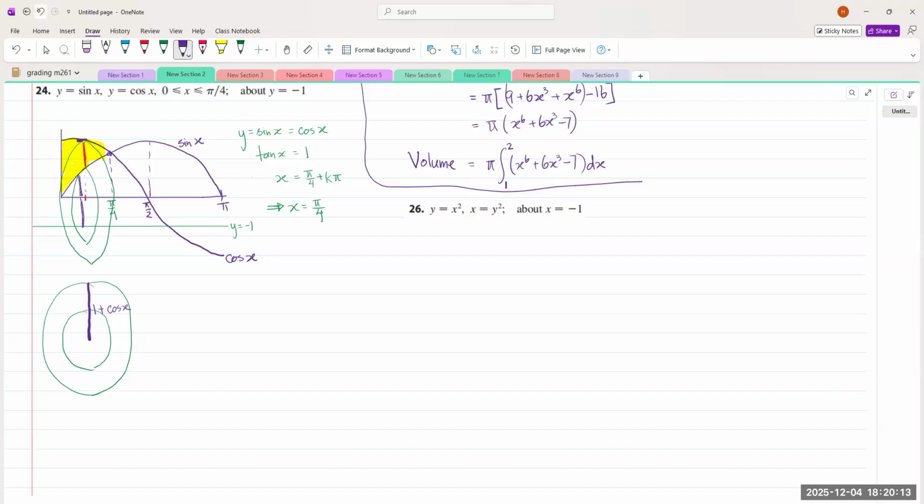That's the smaller radius. I ran out of color. So this is 1 plus sine x.